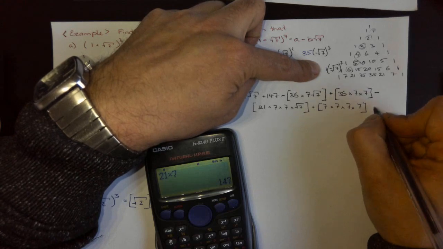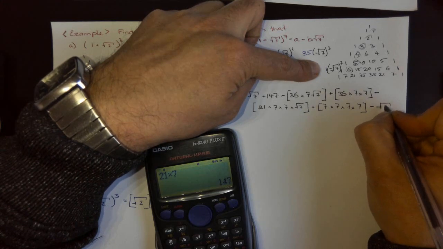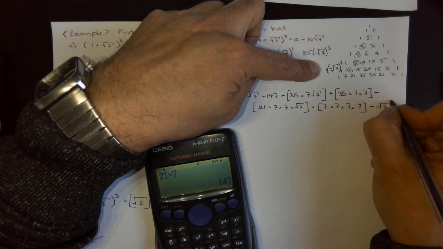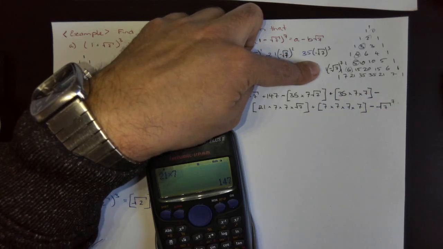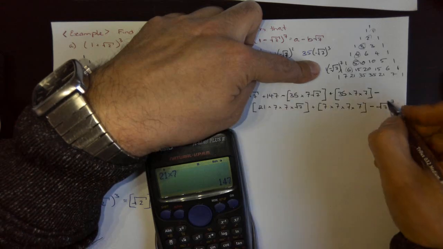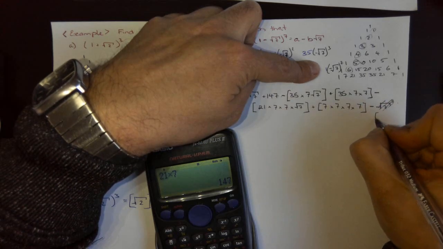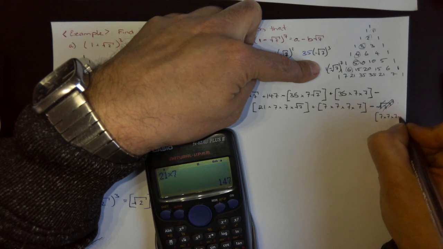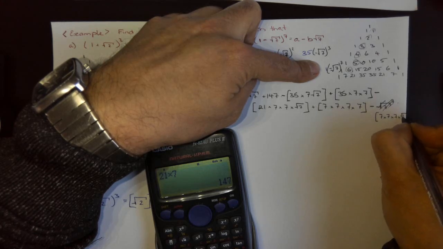And this is going to be negative, so minus root 7 to the power of 7, which is the same as 7 cubed root 7.